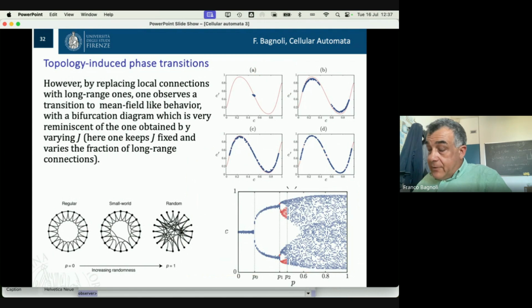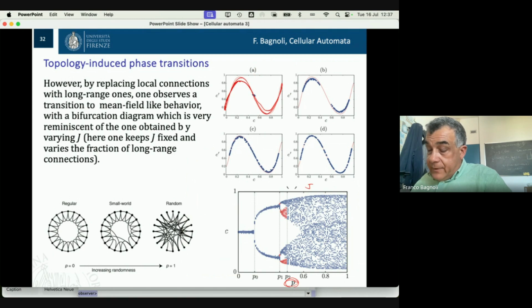Now, what happens if you change the rewiring of your system, but you work here with J fixed. And what happens is that these are the mean field equations.